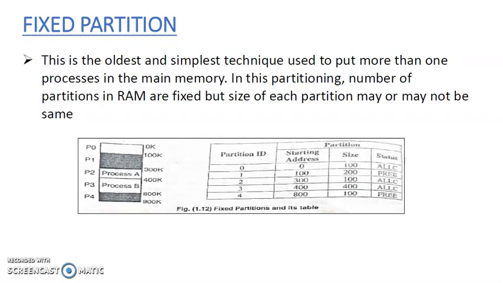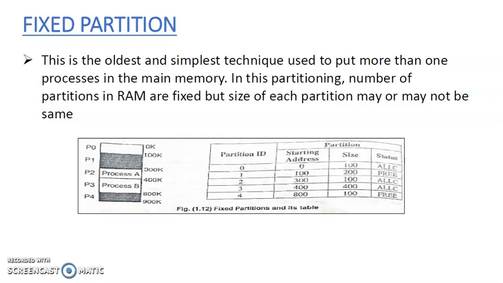See, what is the meaning of the first, fixed partition? In this scheme, the partitions could be of different sizes, decided at the time of system generation, and they could not be changed. This is the oldest and very simple technique used to put more than one process in main memory.